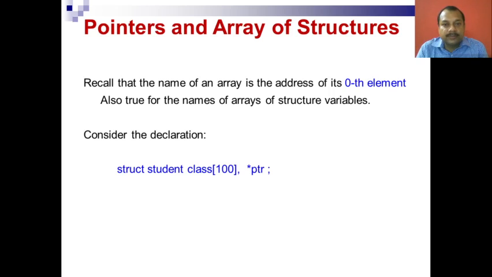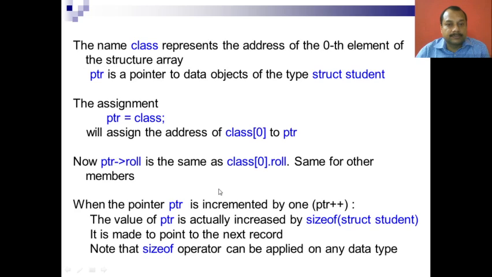This is also true for the names of arrays of structure variables. If there is an array of structures like struct student class[100], and a pointer star ptr, then if I write ptr equals class, it will indicate ampersand class[0], the starting position of the structure array.